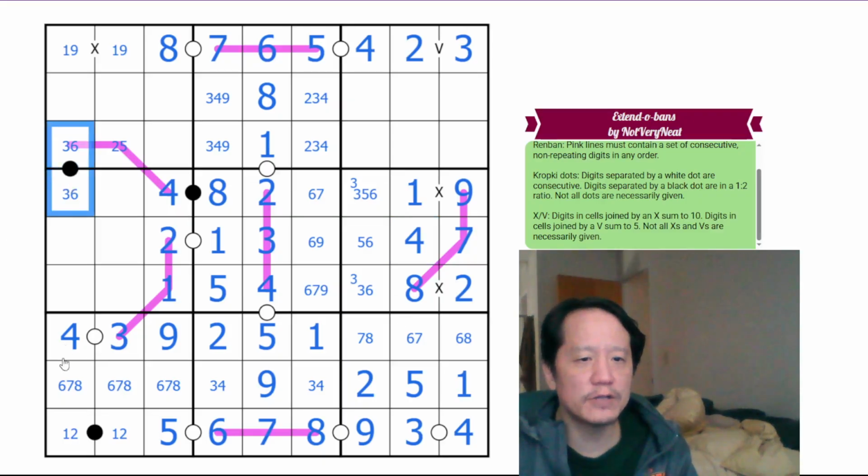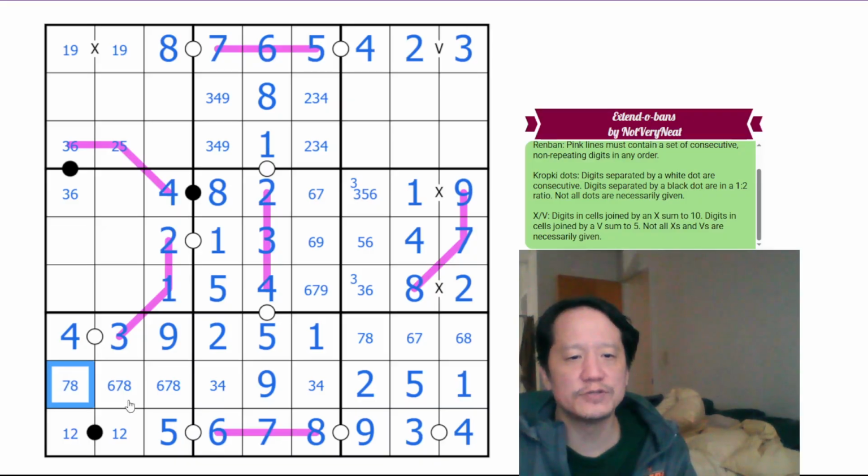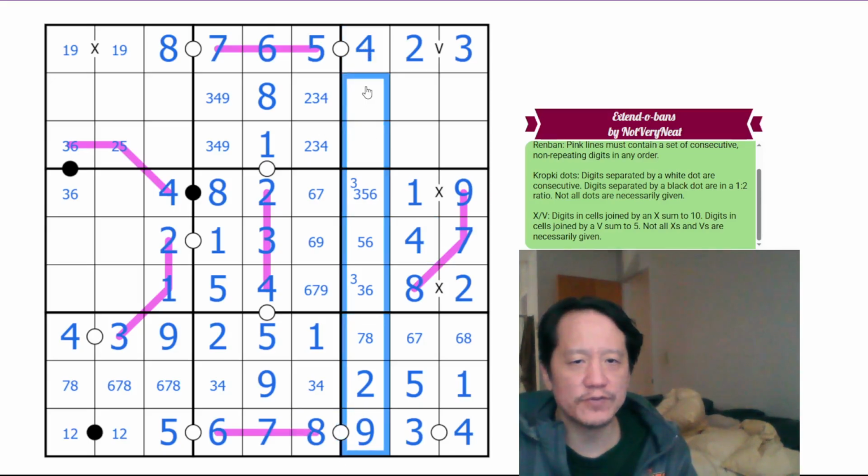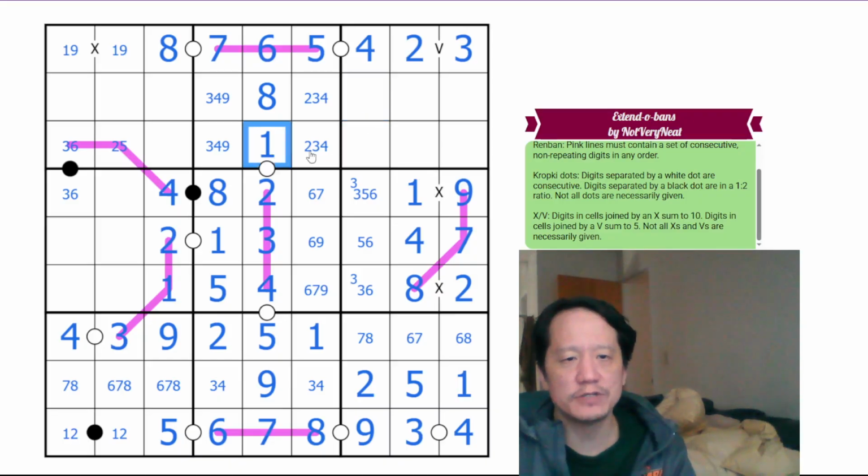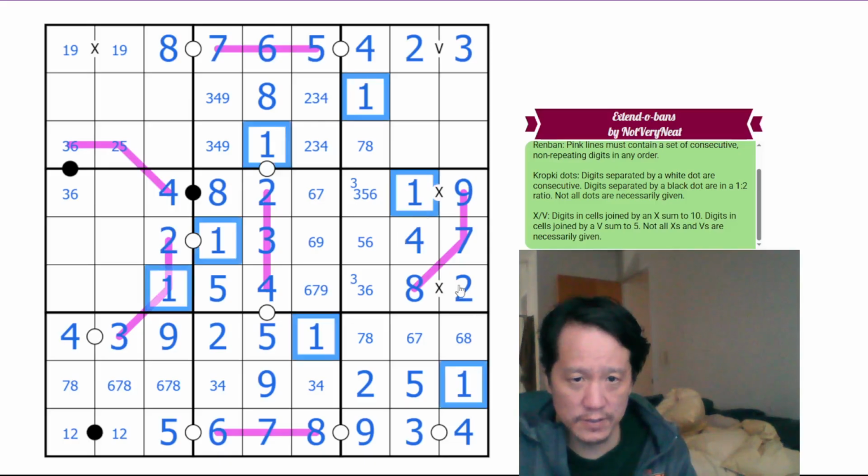This 3, 6 pair eliminates 3 and 6 in the rest of the column, so this can't be 6. Remaining digits of column 7 are 1, 7, 8. And this can't be 1 because of 1 in the row, so that's 7, 8, which forces this to be 1.